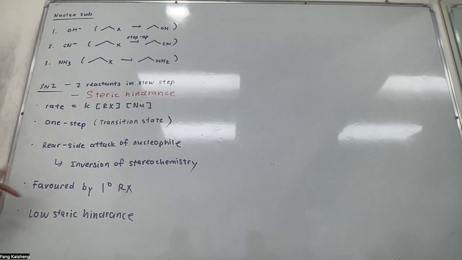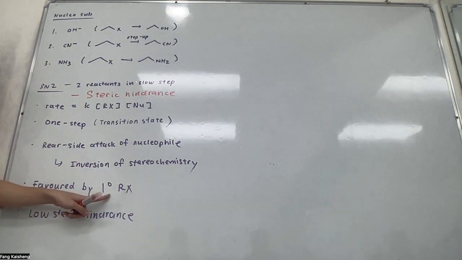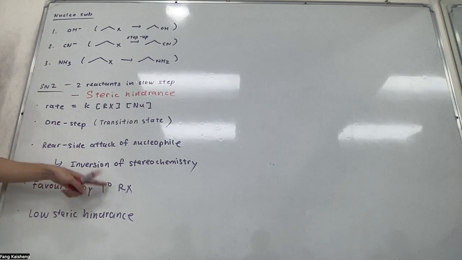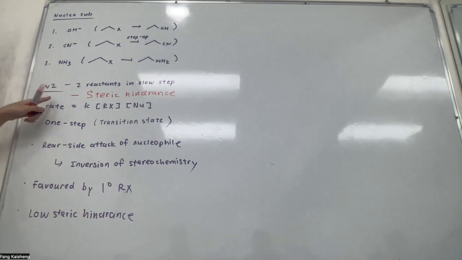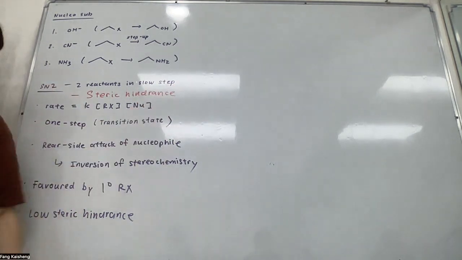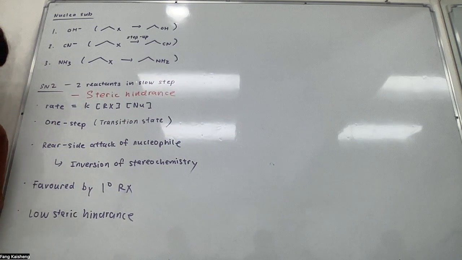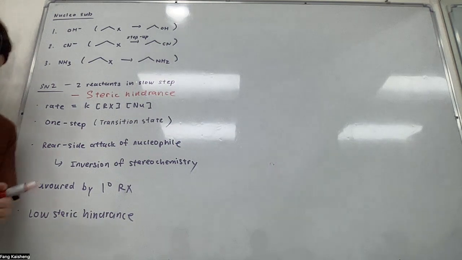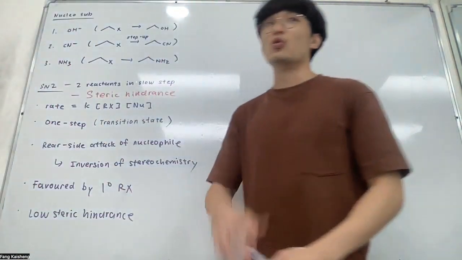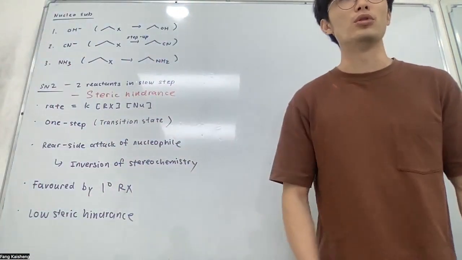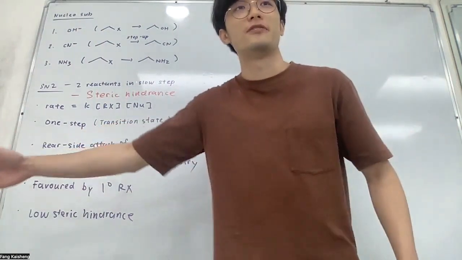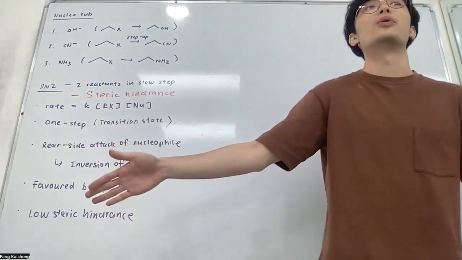Can I say that primary undergoes SN2 because it doesn't undergo SN1? No, am I answering the question? That's something we need to avoid. If they ask you why you favor SN2, you don't tell me it's because I don't favor SN1. You're not answering the question.